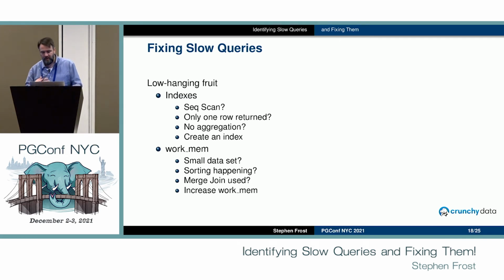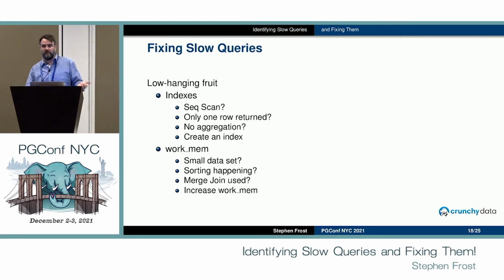Well, it used to be that we would only do that in cases where we thought we could fit the entire hash table into work_mem amount of memory. More modern versions of Postgres, I think this was 13 or 14, we actually started doing batching for hash aggregates. So batching is another case where you want to look and say, if batching is happening, either for a hash join, which we've had batching hash join around for a long time, but also for hash aggregates, we may want to increase work_mem.